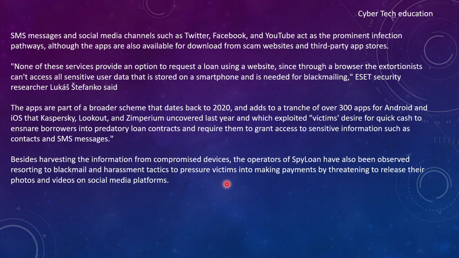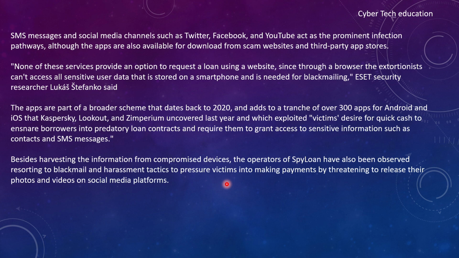Researchers tracked around 300 applications for Android and iOS, which were uncovered last year, that exploited victims and lured borrowers into predatory loan contracts, requiring them to grant access to sensitive information such as contacts and SMS messages.